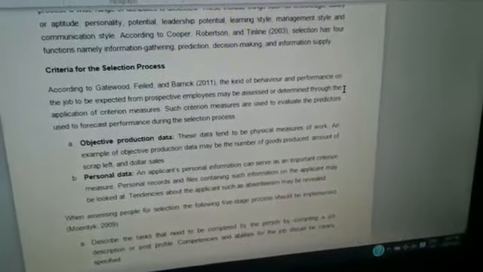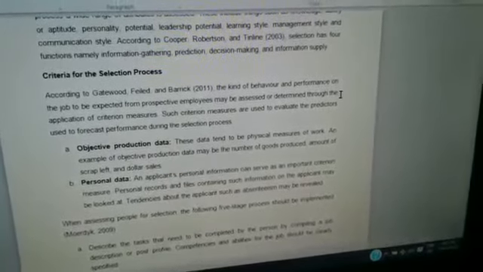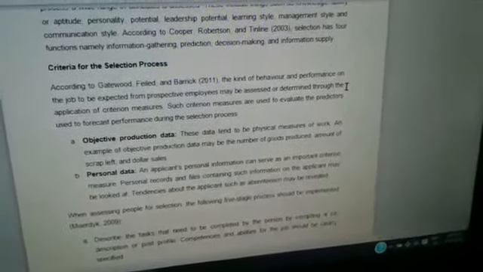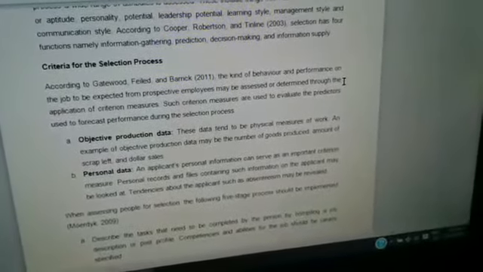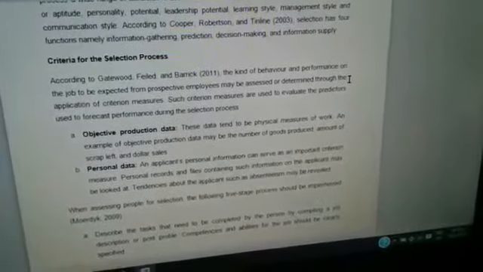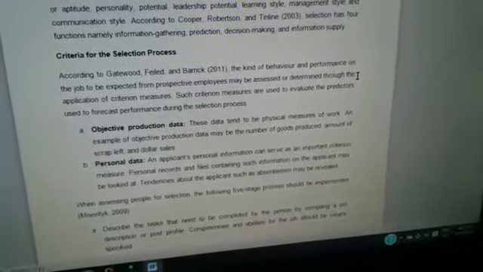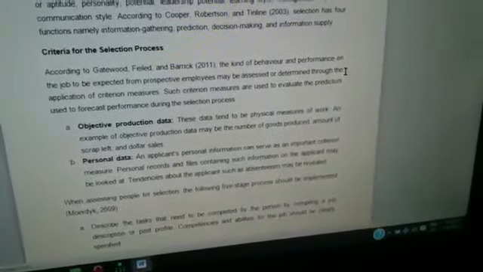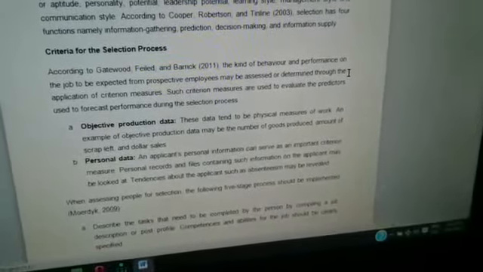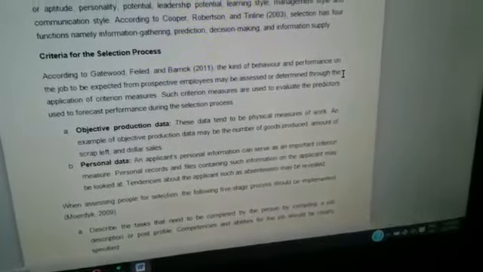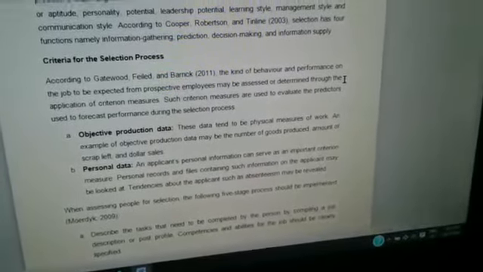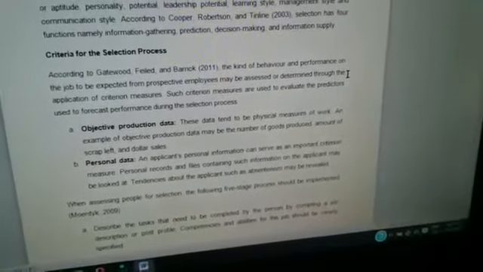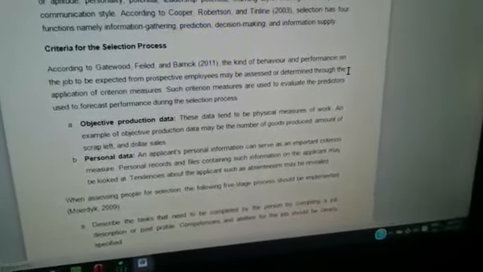Criterion measures are used to evaluate the predictors used to forecast performance during the selection process. We have objective production data, which tends to be physical measures of work. An example of objective production data may be the number of goods produced, amount of scrap left, and dollar sales.